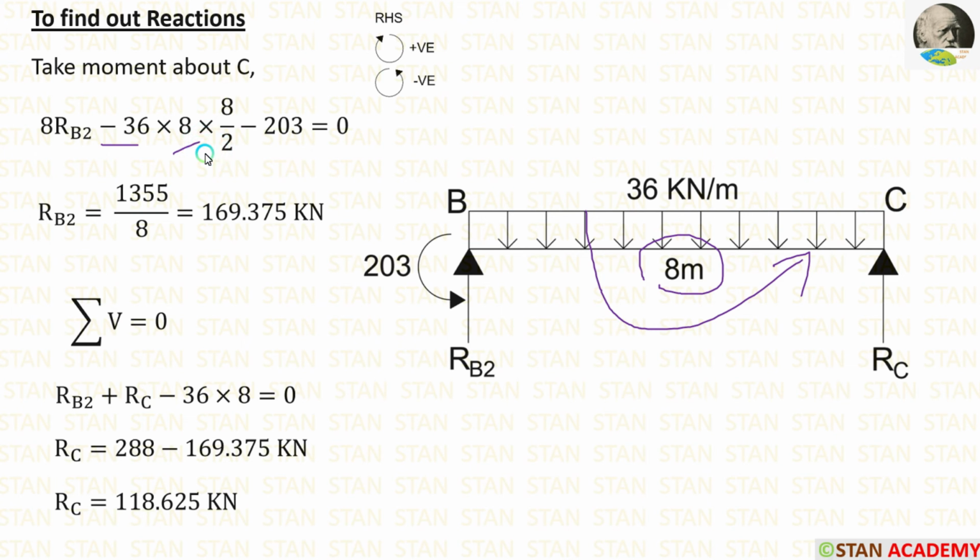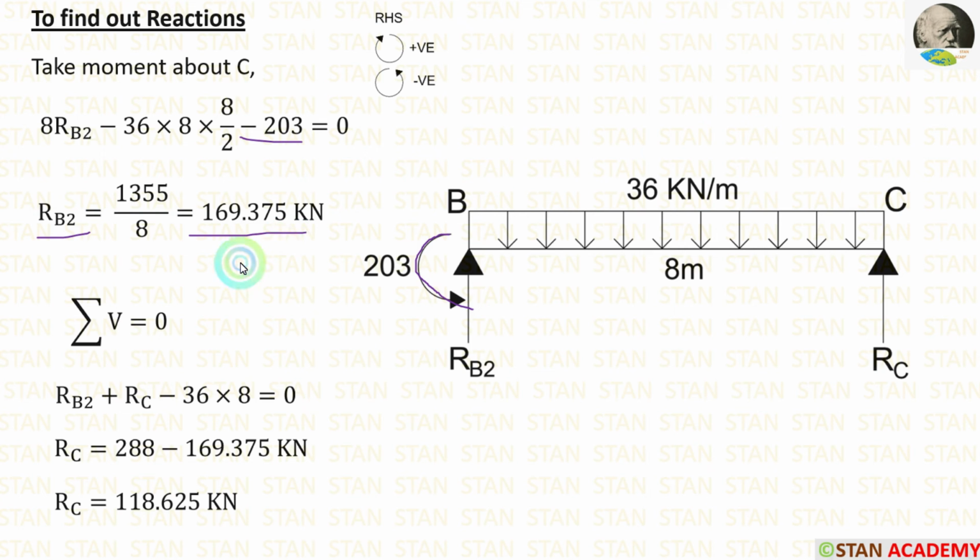When the UDL comes, we have to multiply with the distance and the distance by 2, so 8 by 2. The moment is acting in the anti-clockwise direction, so it will be negative. Finally, we are getting RB2 is equal to 169.375 kN.